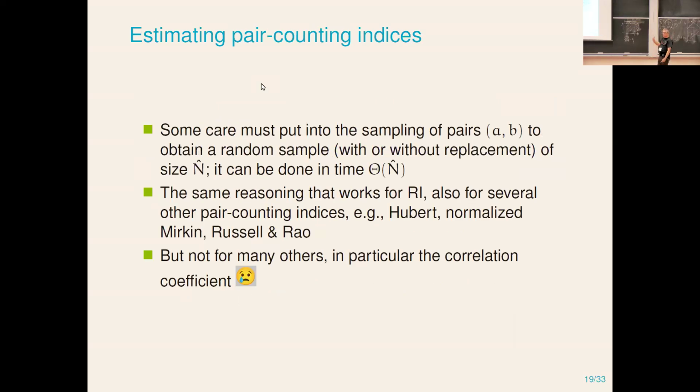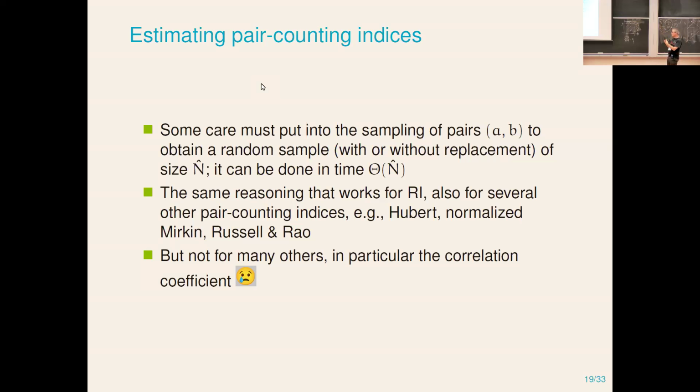This is because of the previous theorem, right? You have to put some care in the way you sample, to get a random sample of pairs, unless you are willing to pay a lot more and you use some kind of rejection method. But if you want to avoid rejecting pairs, then you have to put some care in, but you can do it. You can get a random sample of n hat pairs in linear time.